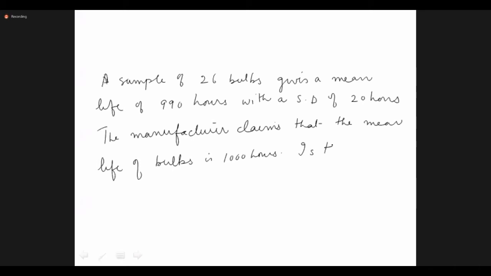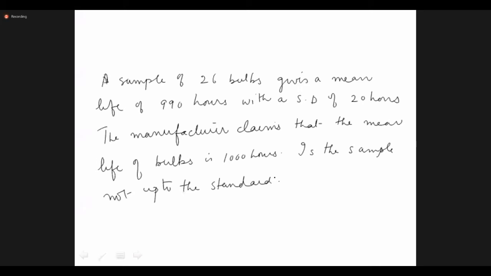Is the sample up to the standard, or less than that?